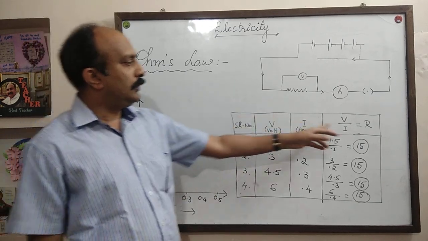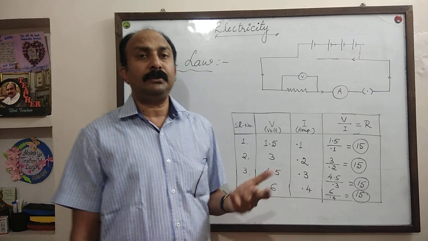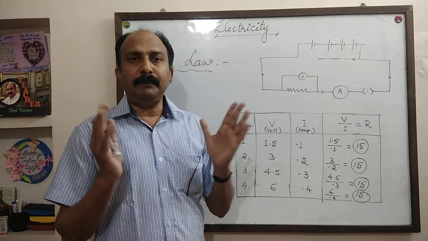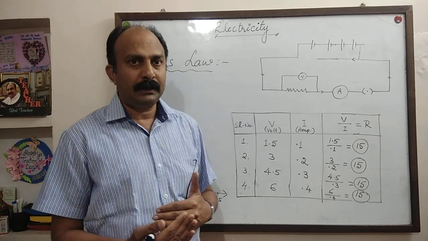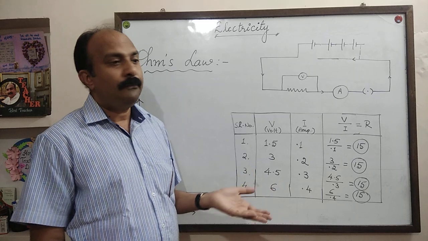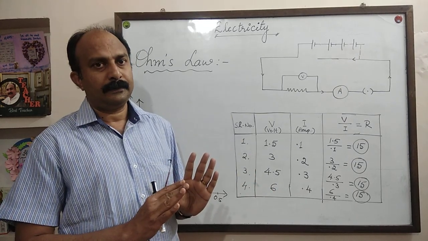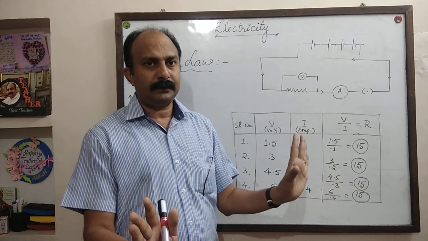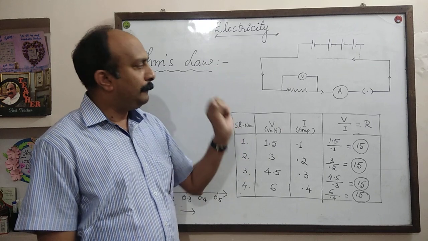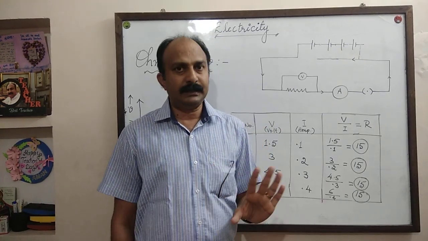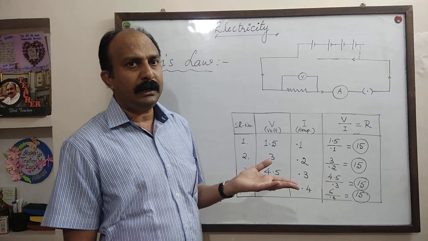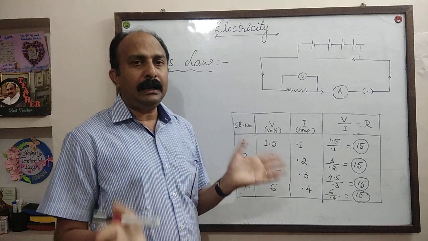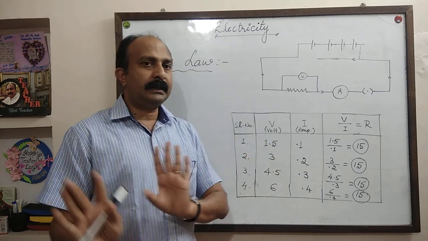So, I told you V upon I is called R, which is known as resistance. Now, what is this resistance? Every conducting material offers a resistance when electricity is passed through it. You know the English meaning of the word resistance: to resist, to oppose. Even though metals and alloys are good conductors of electricity, whenever electricity passes through any conducting material, it allows electricity to pass through.